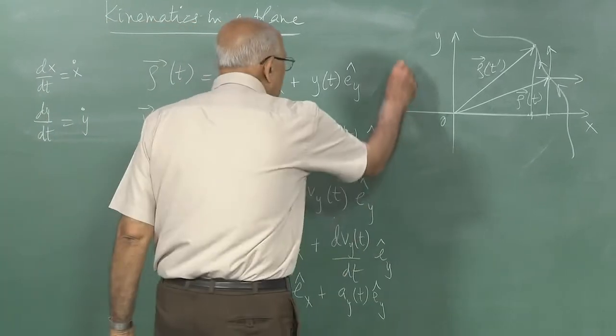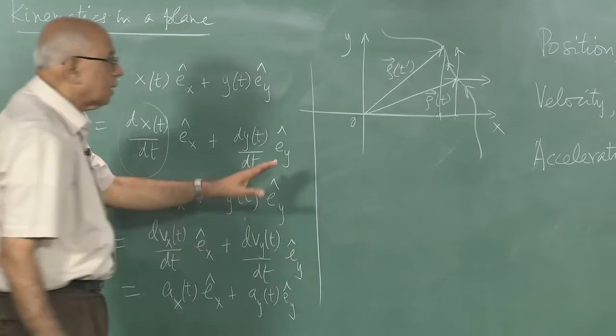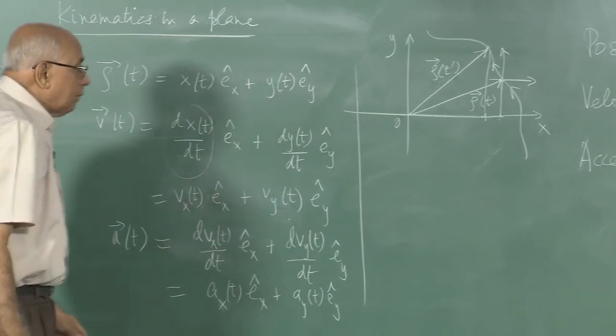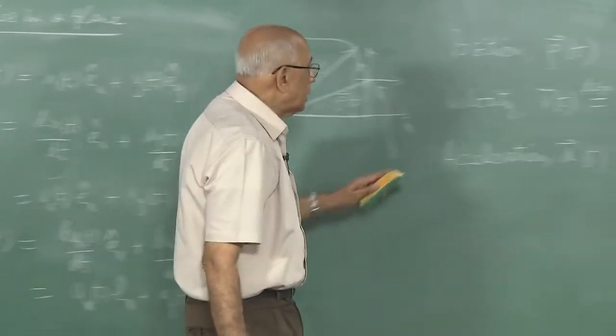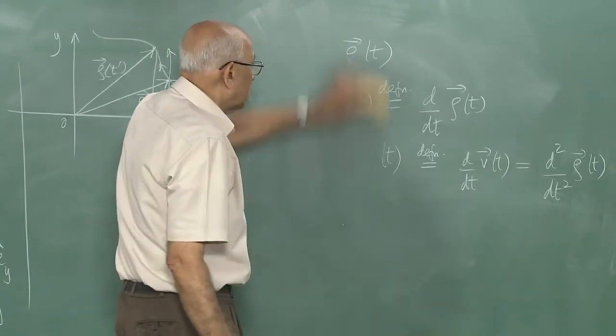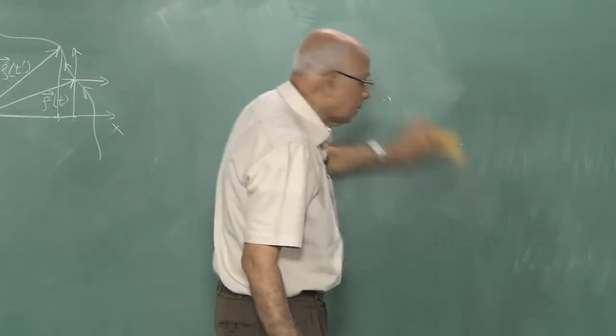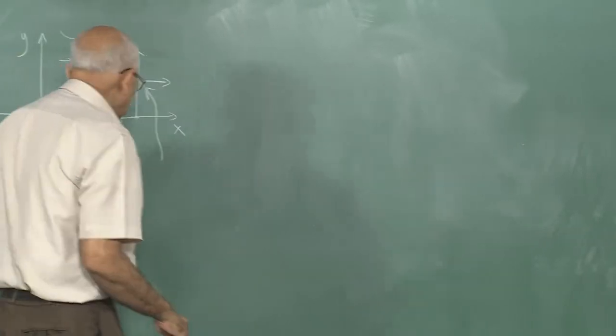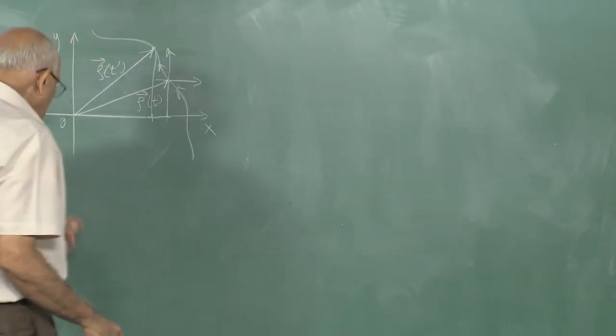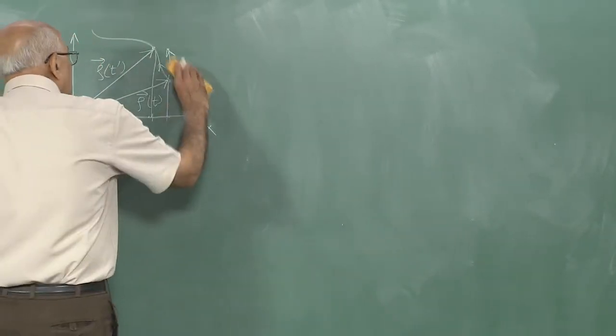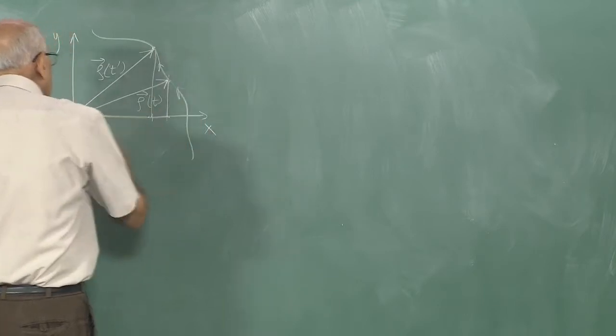So much for kinematics in Cartesian coordinates. There is really nothing to it at all. But if you go to polar coordinates, then the matter becomes more interesting and a little more intricate. What is it we are trying to do?